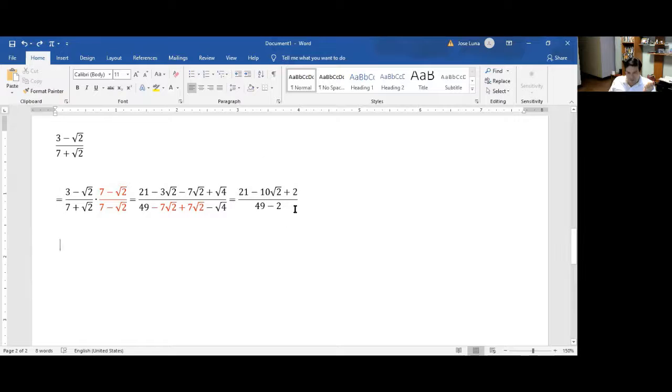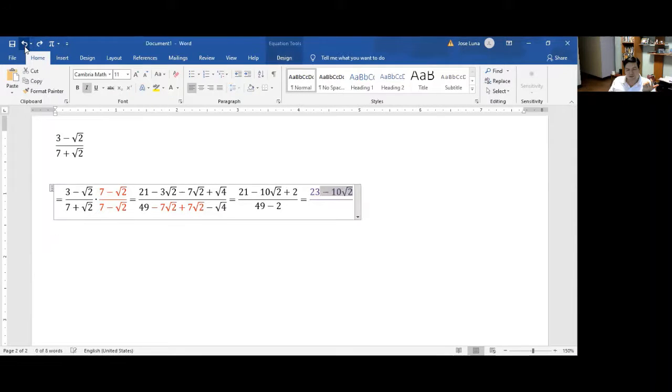Okay, we still need to simplify further. 49 minus 2 is, well, I forgot, let's do the numerator first. 21 plus 2 is 23. The 10 times the square root of 2 has nothing to combine it with, so we leave it the same.